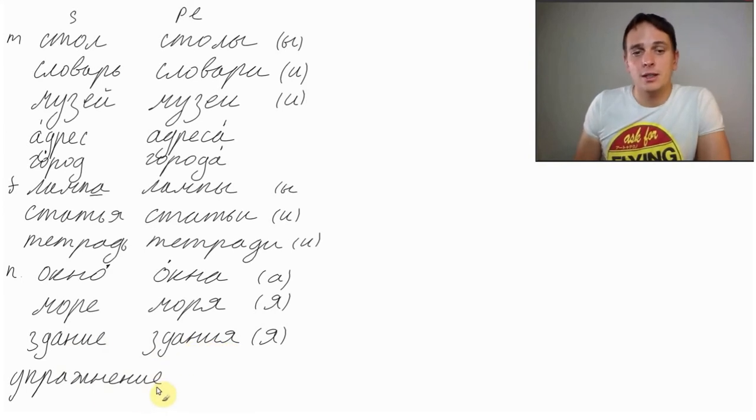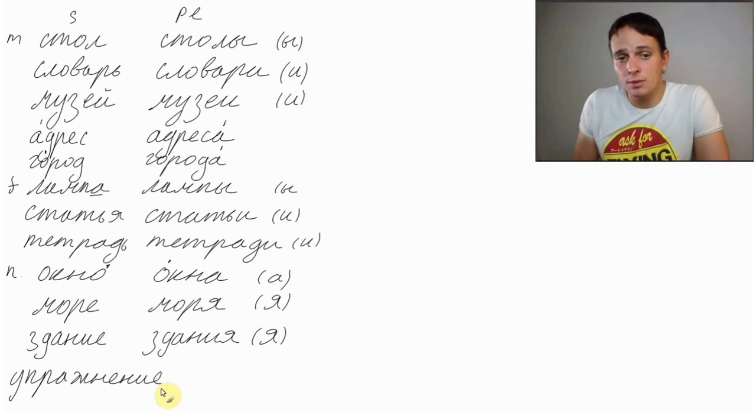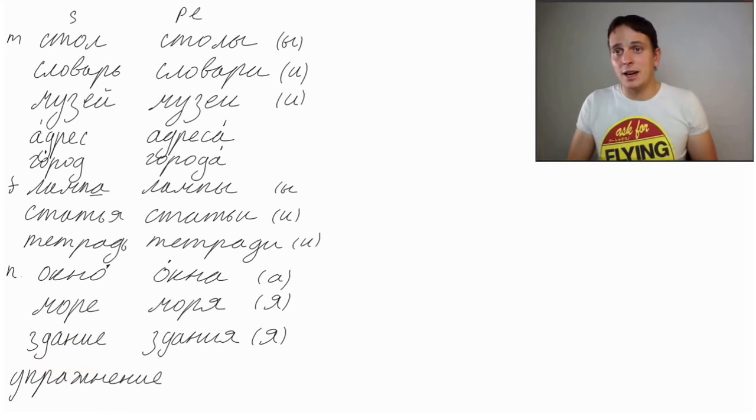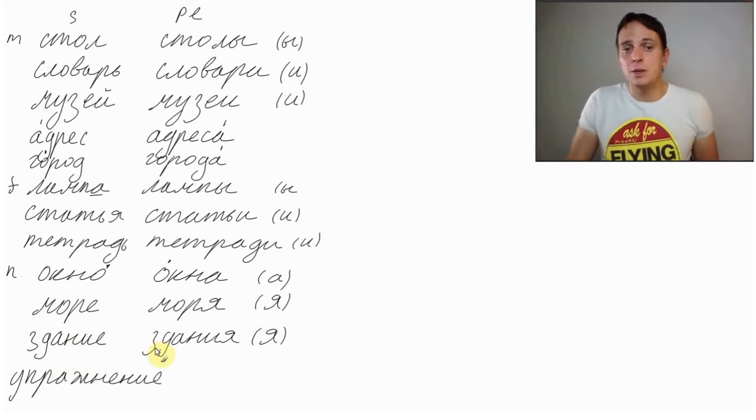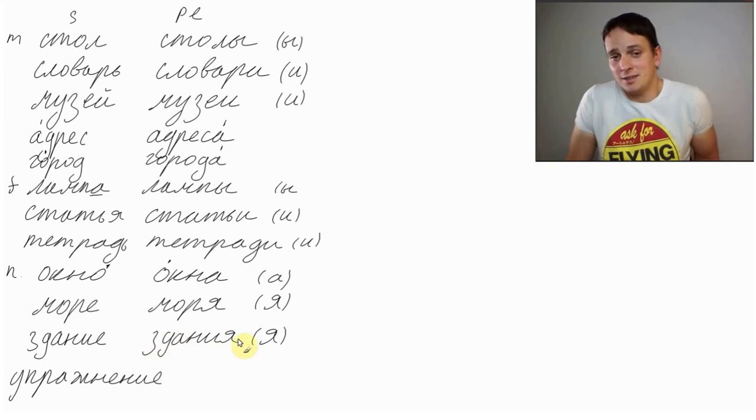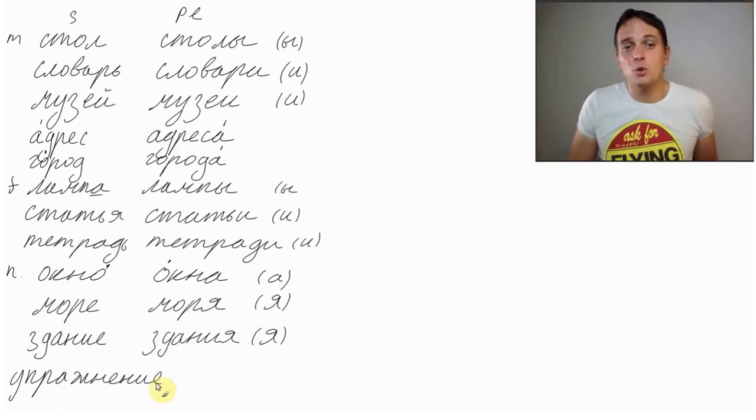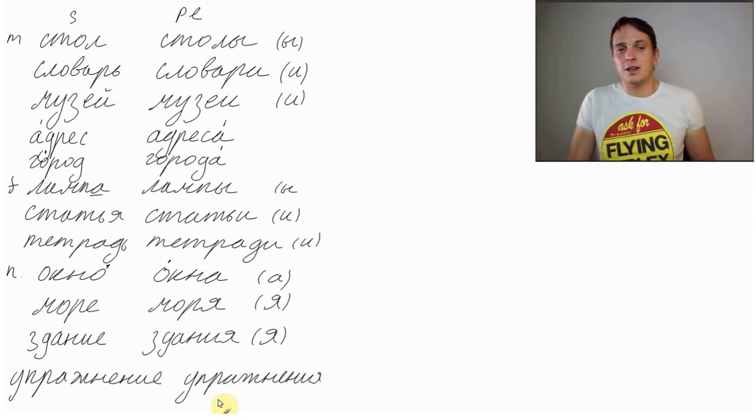Упражнение ends in ie, meaning it is neutral. There is a pattern, and most likely the plural would be ия or ния. Упражнение becomes упражнения. We're using the last pattern.